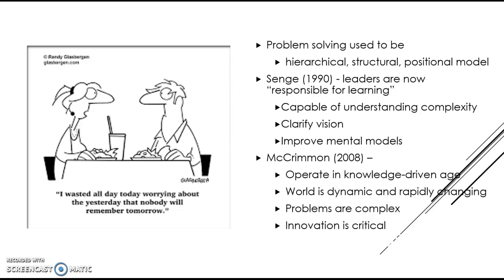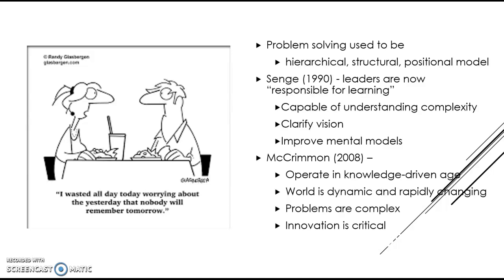Now, in the 1990s, Peter Senge came along with what he called the fifth discipline, where he talked about leadership as a responsibility for learning and being able to articulate what that leadership role meant, and how you were going to have people understand it.